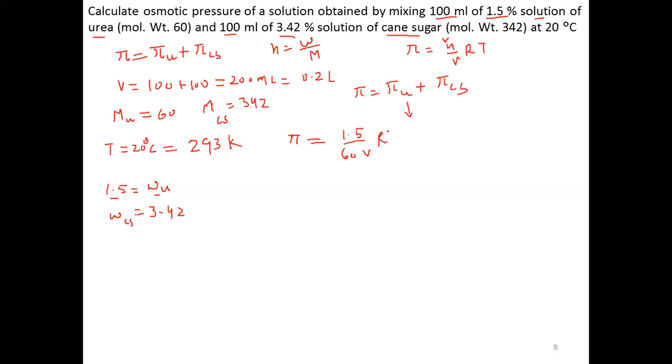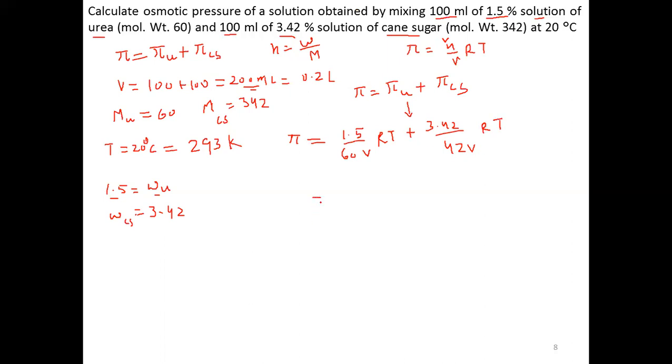RT, plus, for cane sugar we have 3.42 divided by 342 into V RT. Again the volume is the same because the solution is made by mixing these two solutions. Now what is common?